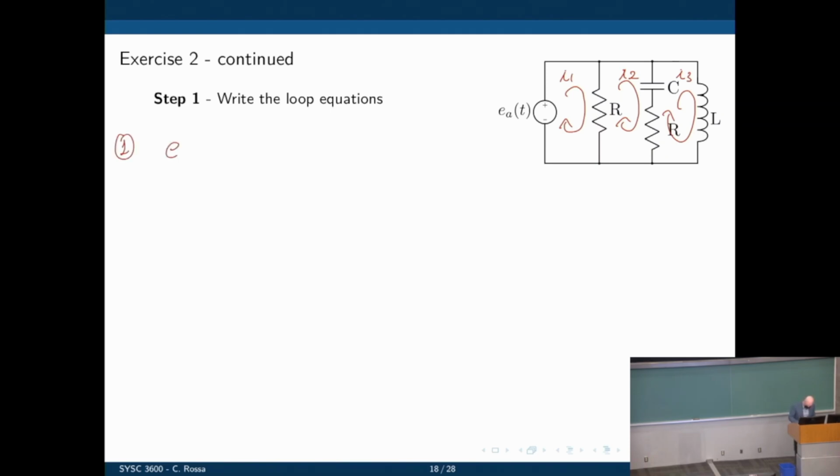Well, the input voltage is equal to R times (I1 minus I2). For the second loop, we have R times (I1 minus I2) plus 1 over C integral of (I2 minus I3) dt plus R times (I2 minus I3) equals 0.